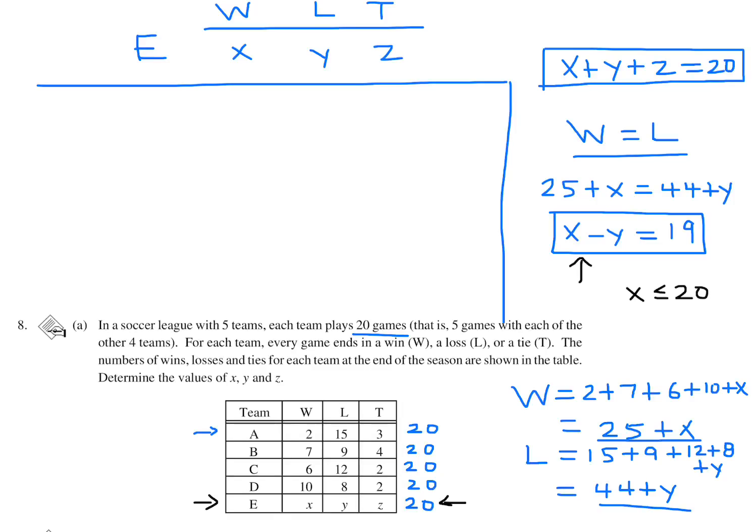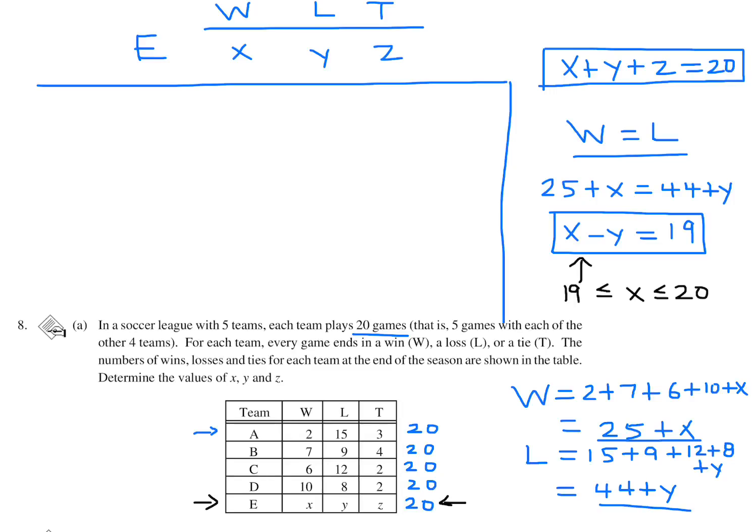And what's the minimum? What is the boundary for x? Looking at this equation right there, x minus y is 19, right? So x must be at least 19. Because think about it, if x was 18, then you would get a negative value for y.